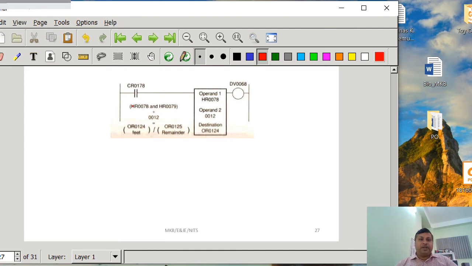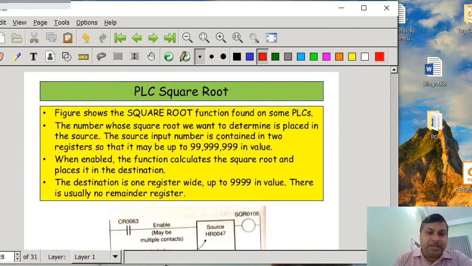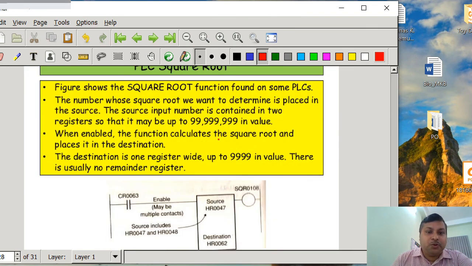So this is the way we can do it: operand 1 contains the value which you want to convert into feet, operand 2 is 12, which is a constant, and the destination will contain the division result, converted into feet.